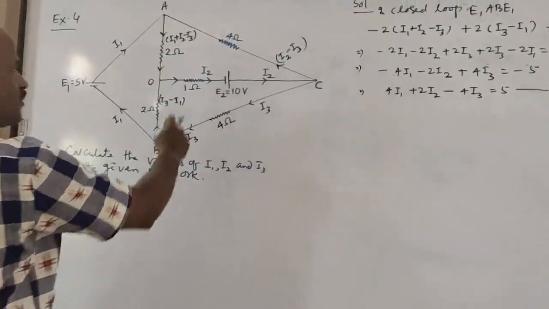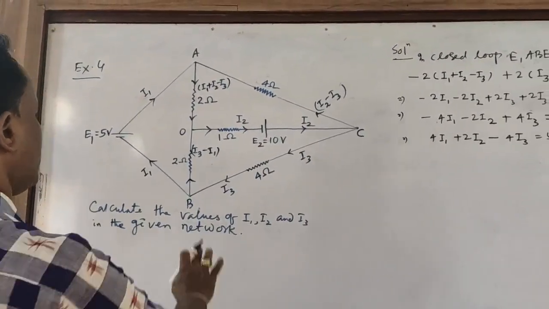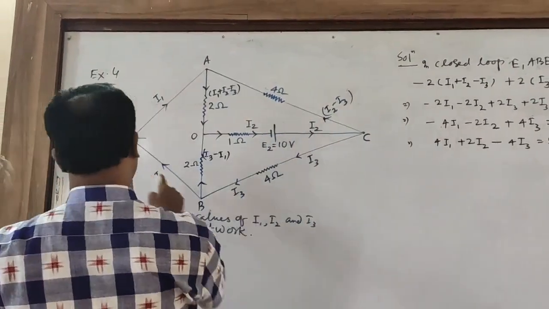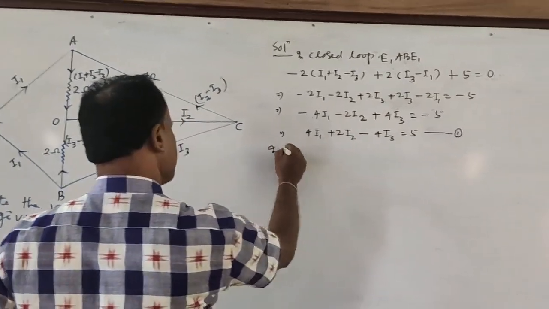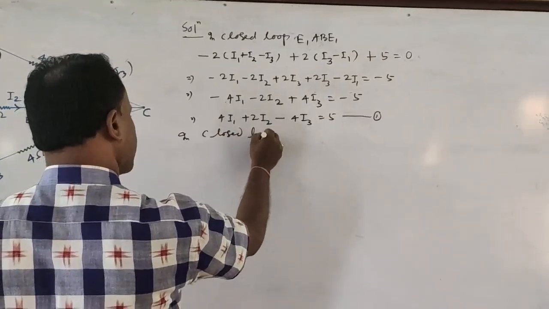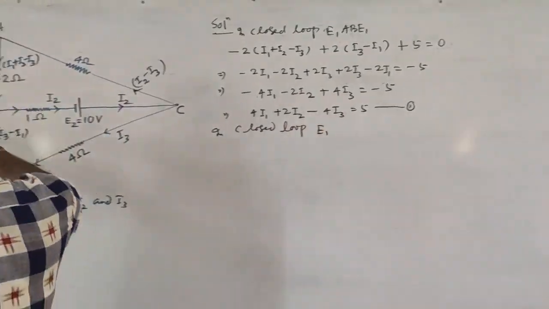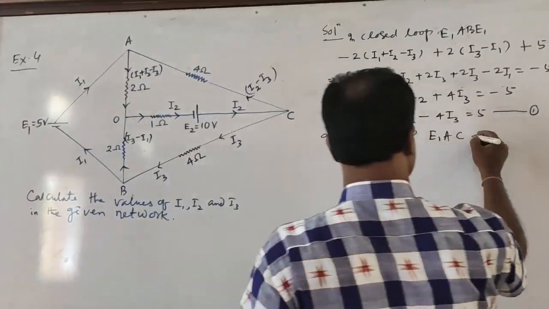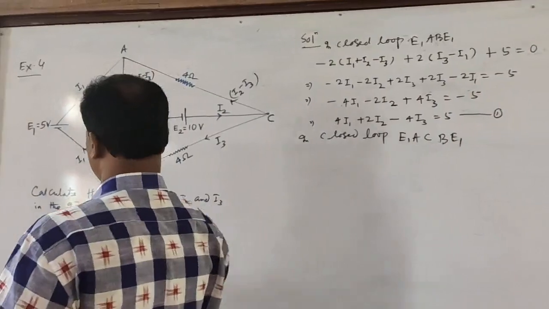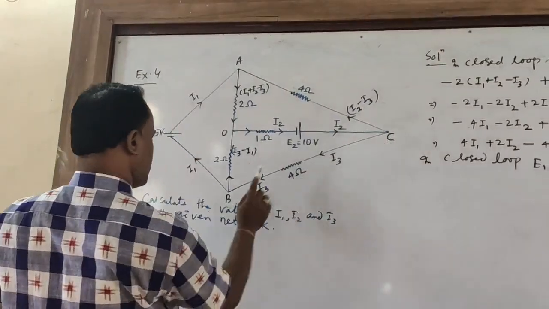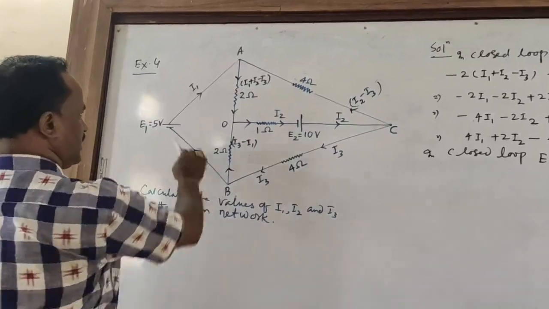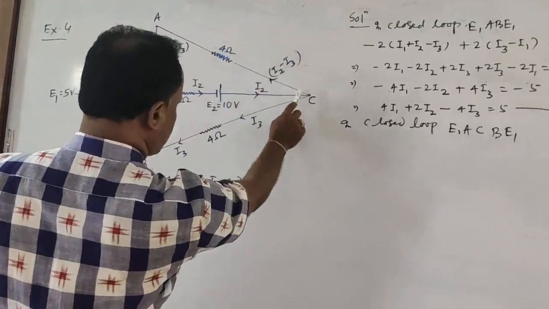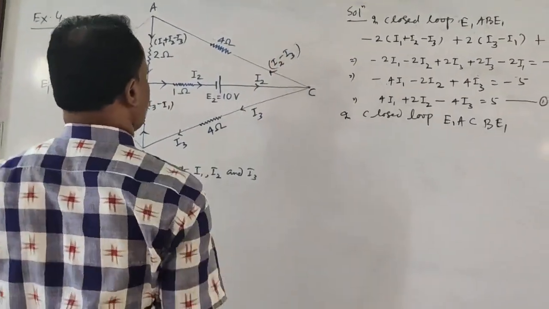Come to another closed circuit. Suppose I take the closed loop E1 A C B E1. In a similar manner, E1 to A, then from A to C, we are moving opposite to the direction of current.